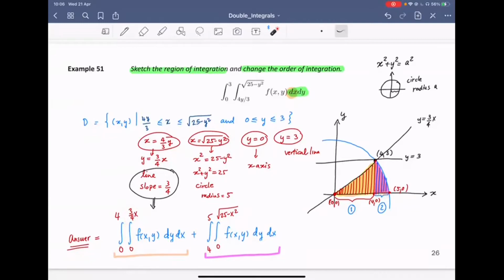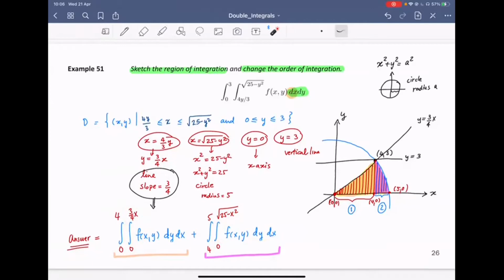And then on the second part, the pink one, you start from y equal to 0, and then it hits the circle all the time. So you start from 0 to that circle, and that circle is x squared plus y squared equal to 25. If you simplify it, you get y equal to square root of 25 minus x squared.